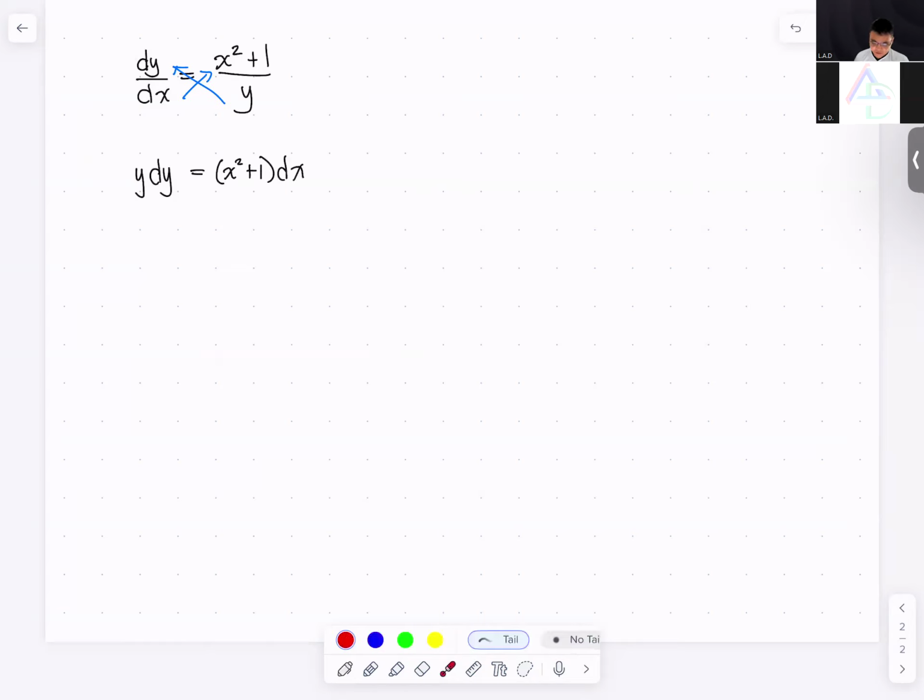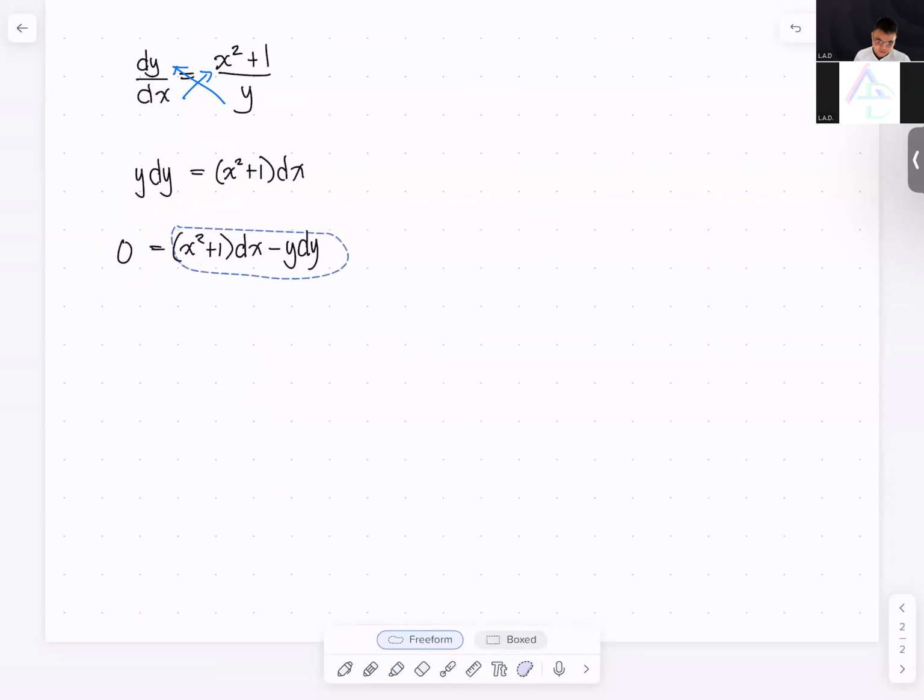Well, actually, we can already solve this since we have already separated the variables. But what we can do is transpose this to the right side, which becomes 0 equal to x squared plus 1 dx minus y dy. Then flip the equation so that everything is equal to 0.